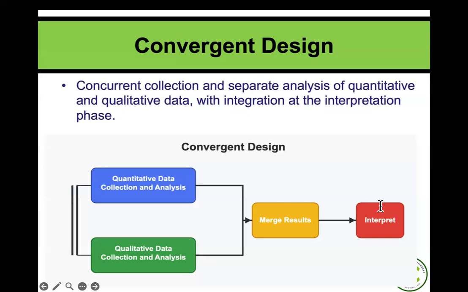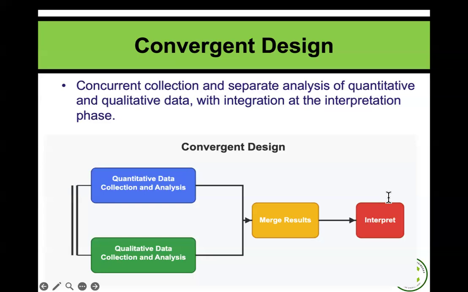But the most critical part is the stage of integration at interpretation, and this is a defining feature of the convergent design. Integration happens primarily at the interpretation phase, after both data sets have been analyzed separately.